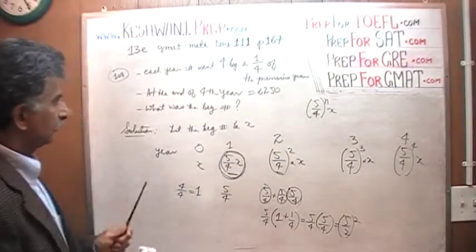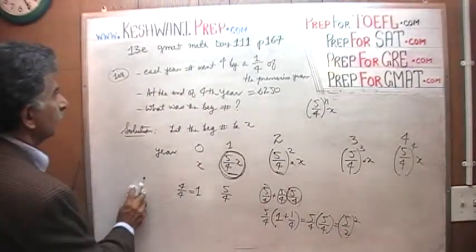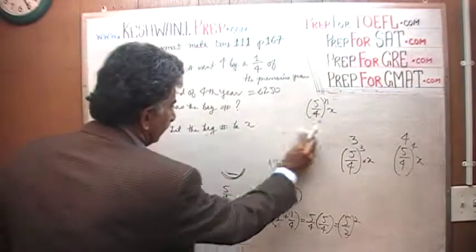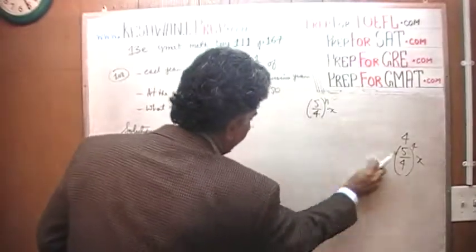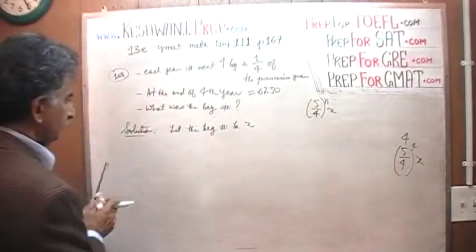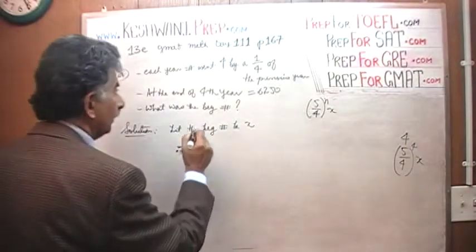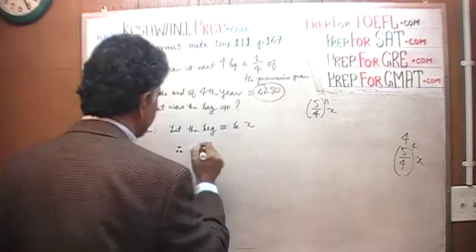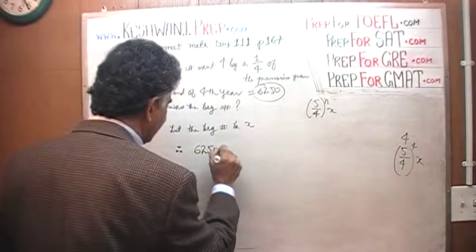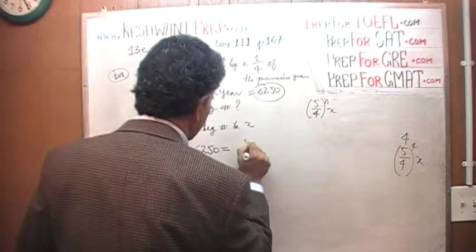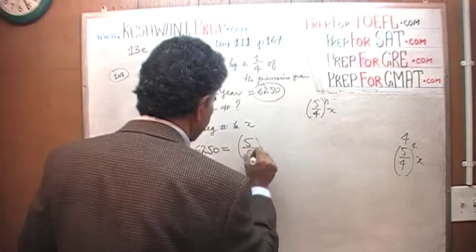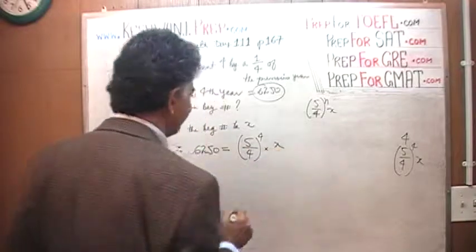Therefore, I need the room, so I'm going to erase all of this now. So let the beginning amount be x. Therefore, the amount that we have at the end of fourth year, which is 6250, must equal this amount, 5/4 raised to the 4th power times x.